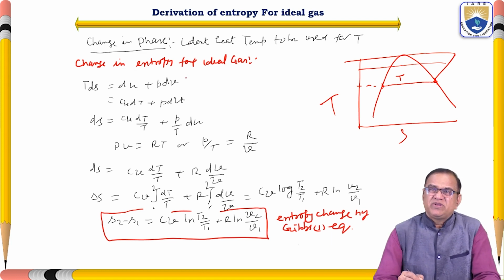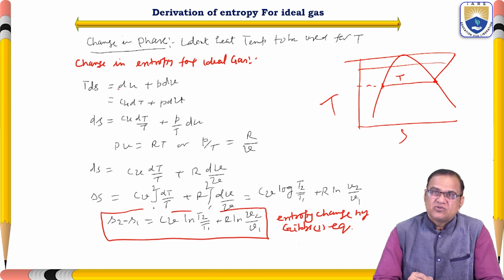For the change in entropy for the ideal gas, we know that TdS is equal to du plus PdV.